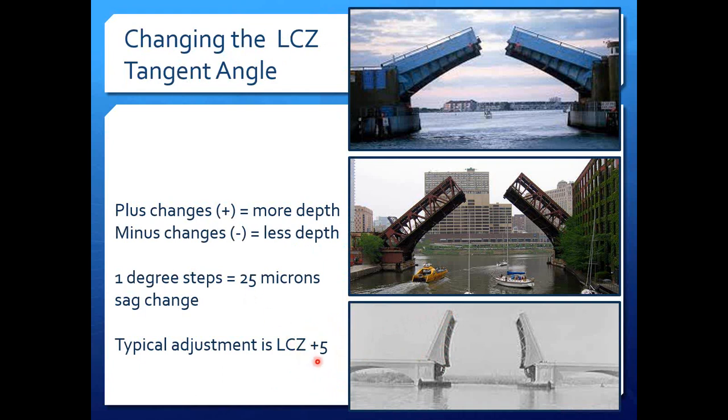So a 5-step adjustment would create 125 microns more sagittal depth at the peak. So that's something to keep in the back of your mind when you're making your adjustments. If you already have excessive apical clearance, but you need more limbal clearance, you may need to call the lab and have them adjust that peripheral corneal clearance zone to compensate for this increased vault you're creating at the limbus.